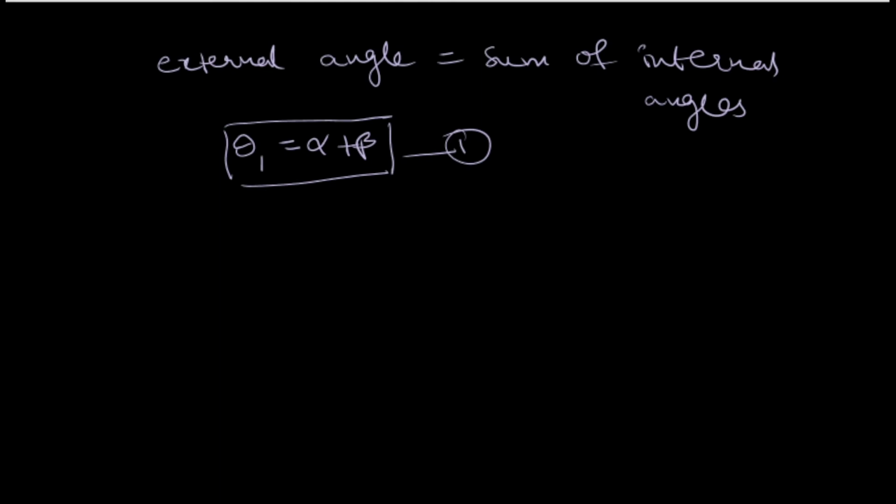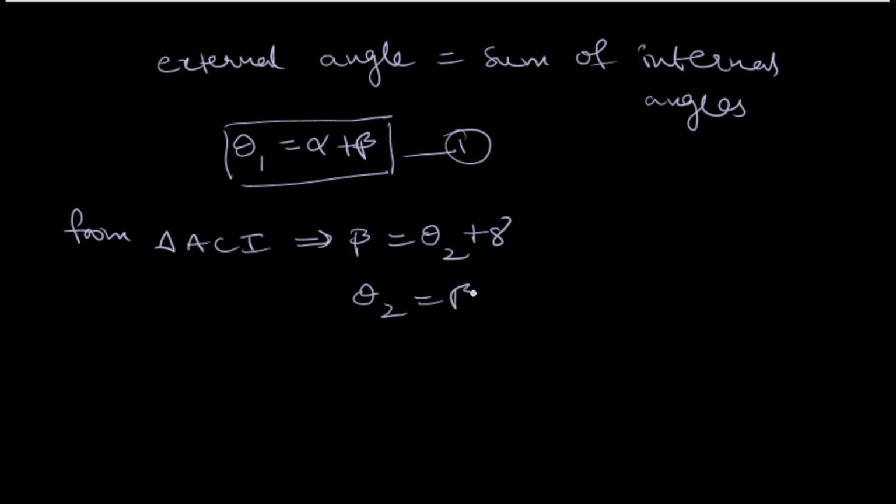So from triangle ACI, external angle is beta and internal angles are theta 2 plus gamma. From this, theta 2 will be equal to beta minus gamma. Put a box around this too. This is equation number 2.